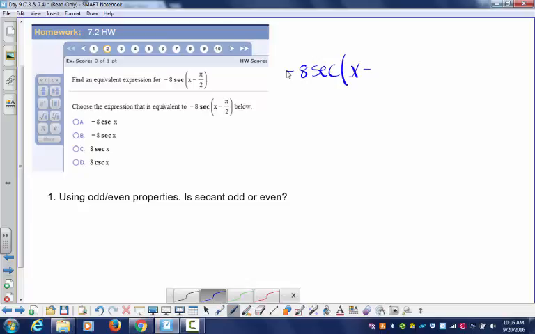So what I want to do here is rewrite the inside to represent the complement of x. So we had a theorem that we used that said cofunctions of complements are equal. That was a big theorem that we had earlier. Cofunctions of complements are equal.